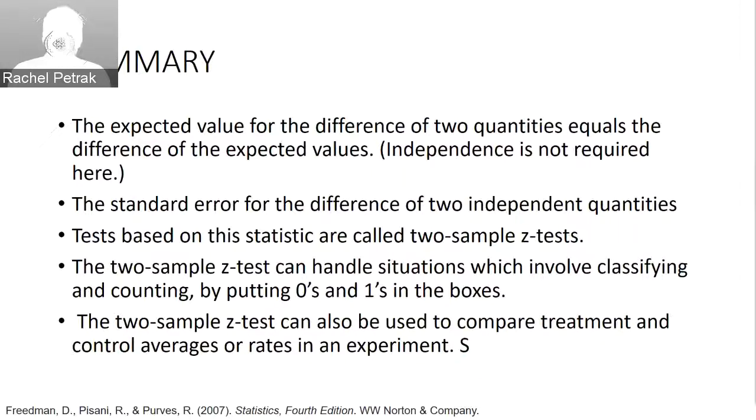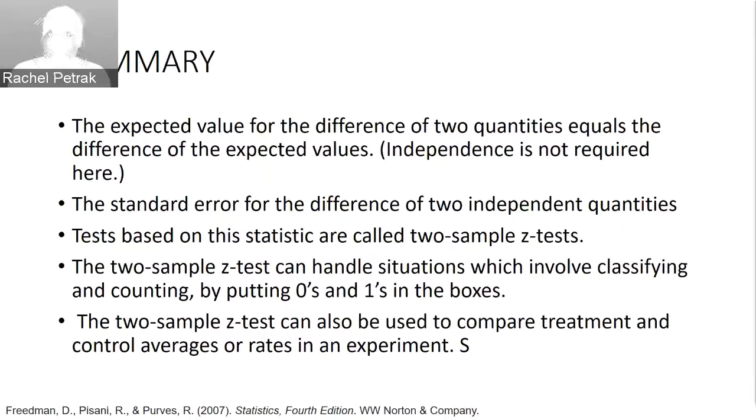We can also use a two sample z-test in situations where you classify and count by putting ones and zeros in the boxes, just like we did before. And we can use the two sample z-test to compare treatment and control groups, averages or rates in an experiment, as long as random assignment to groups was utilized.